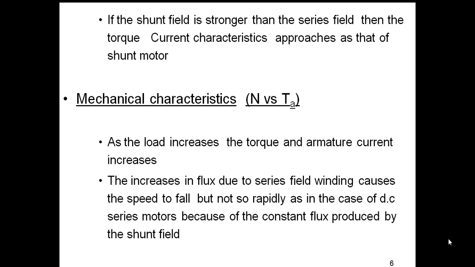But the increase in flux due to series field winding causes the speed to fall, but not so rapidly as DC series motor, because of the constant flux produced by the shunt field winding.